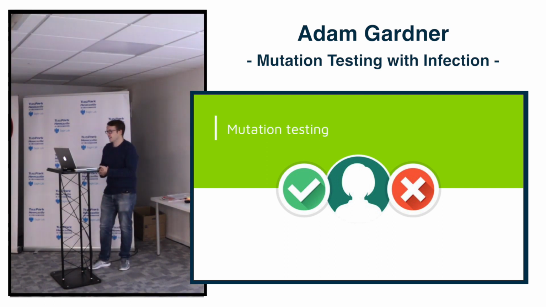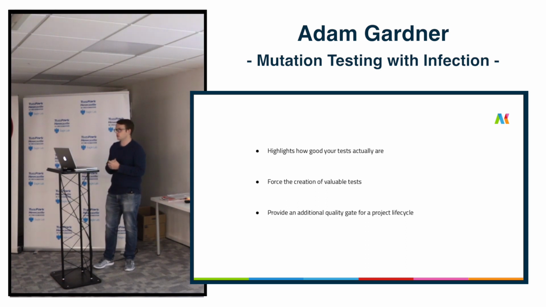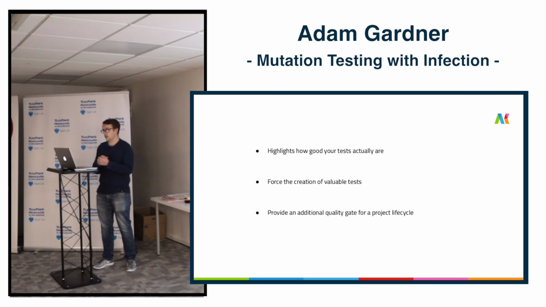So, okay, mutation testing highlights how good your tests actually are, and it forces the creation of valuable tests. The purpose of what that's doing is it's changing individual bits of code so that your tests say, this should break my test, therefore your test is doing what you're saying it's doing.